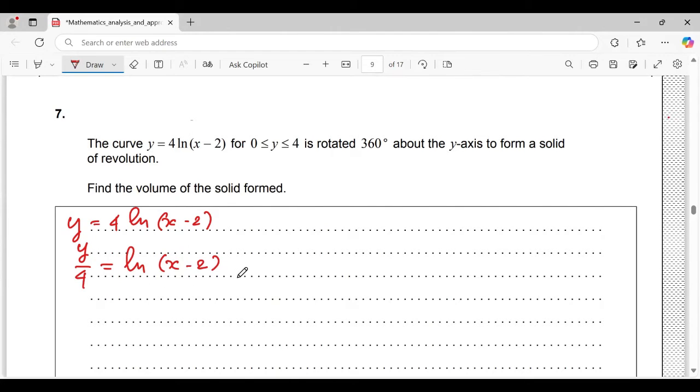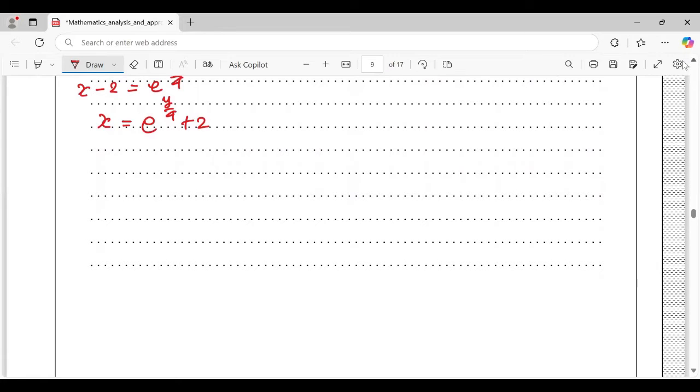And according to the rule, we can write this equation as x minus 2 equals e power y over 4, or x equals e power y over 4 plus 2. So x becomes the subject. Now let's calculate the volume.